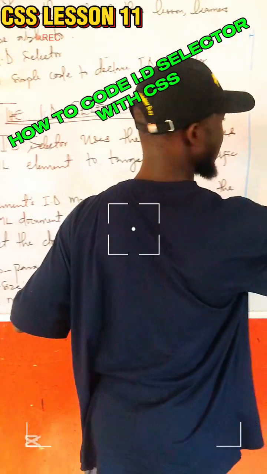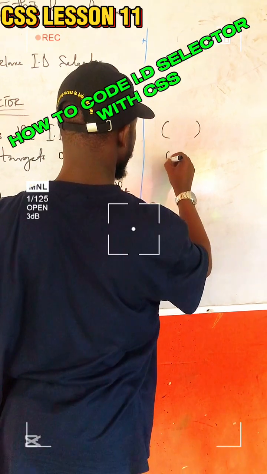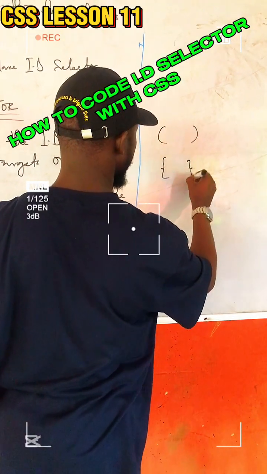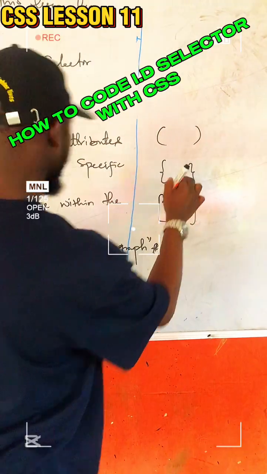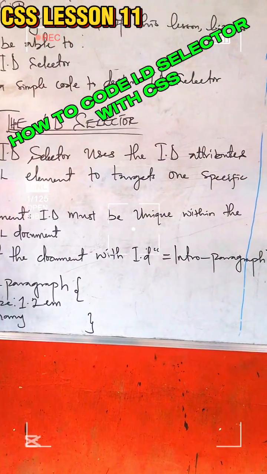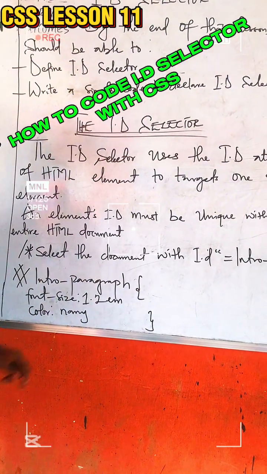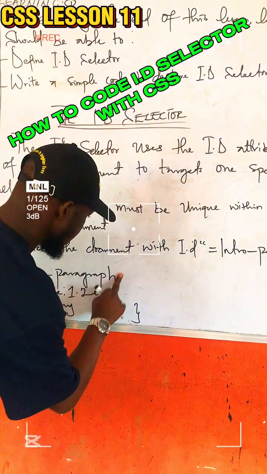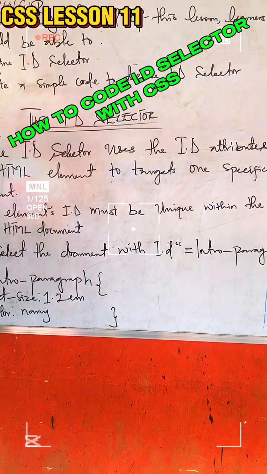We have different types of brackets: this, this, and this. But we are going to use the curly brackets in this code. So you open your curly brackets.